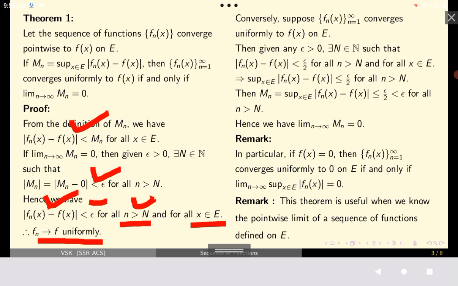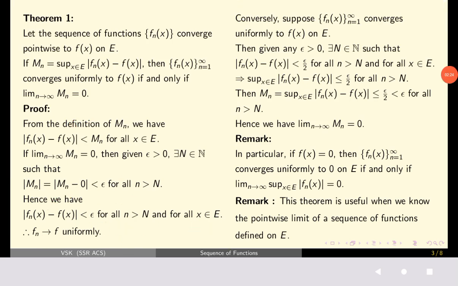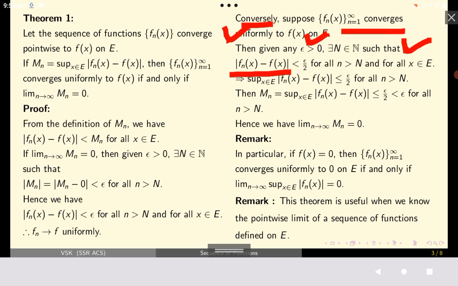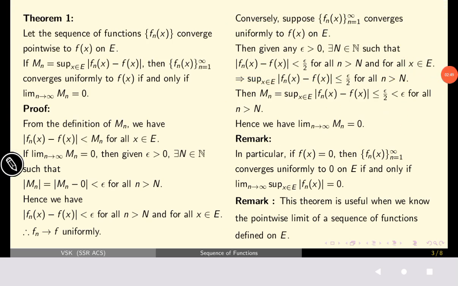Now for the second part, conversely, let us suppose that f_n(x) converges to f uniformly. This is our supposition now. Then by definition, given epsilon greater than 0, we can find a value N such that modulus of f_n(x) minus f(x) is less than epsilon by 2 for all n greater than or equal to N and for all x belonging to E. This follows from the definition.